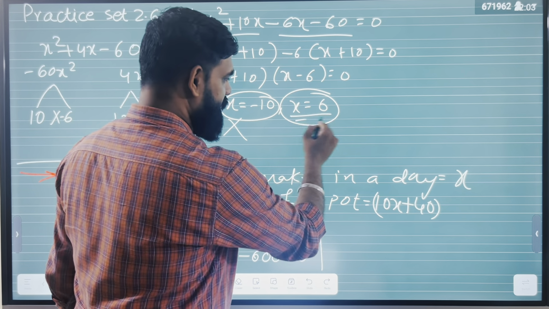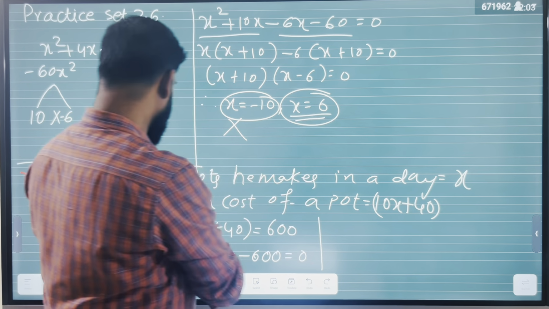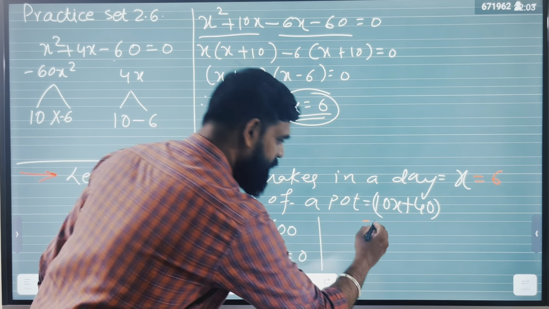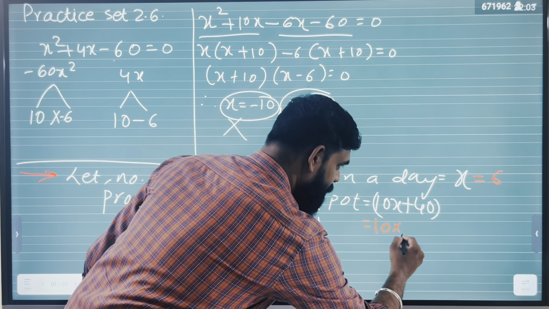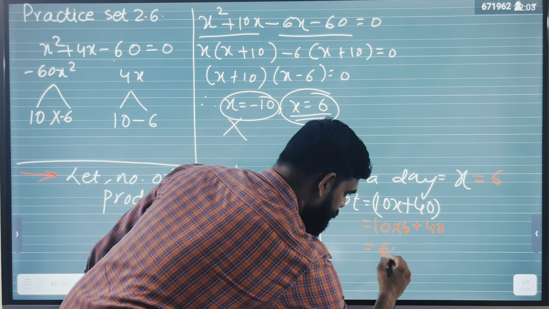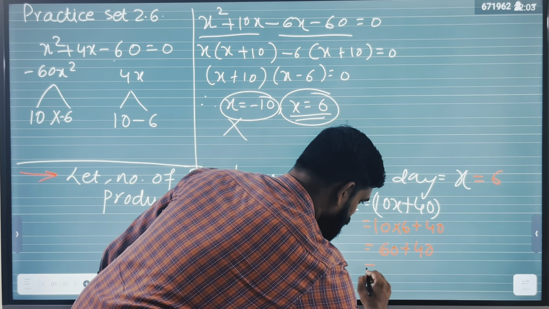So the number of pots he makes in a day is x, which is 6. Mr. Kasam makes 6 pots every day. For the production cost, we put x equal to 6 in the expression 10x plus 40. 10 into 6 is 60, plus 40 is equal to 100.